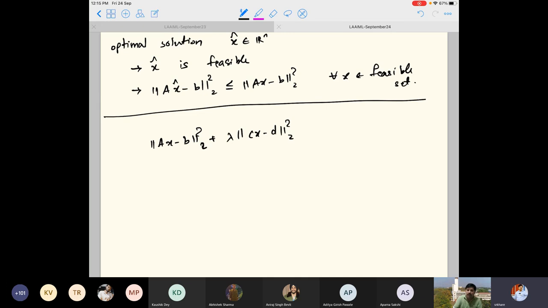So the connection between these two problems is that consider this bi-objective problem, which is this star.